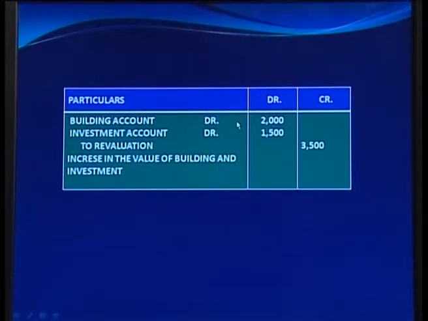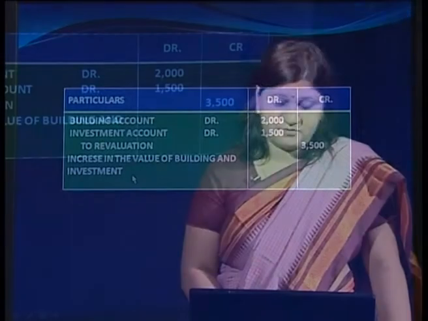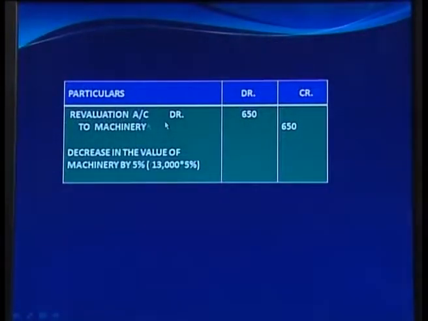So, the consolidated entry for the appreciation of building and investment would read as building account debit 2,000, investment account debit 1,500 to revaluation 3,500, and the narration which we are going to write is increase in the value of the building and investment. This increase, we know, is of 10% on the current value of the asset as has been shown in the balance sheet.